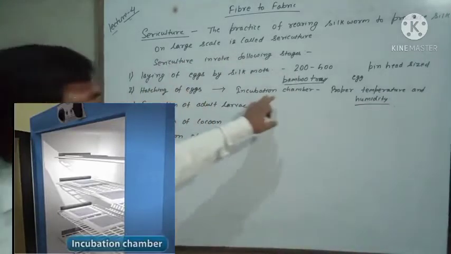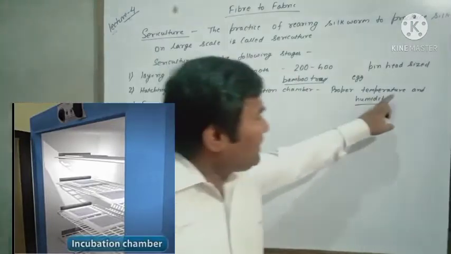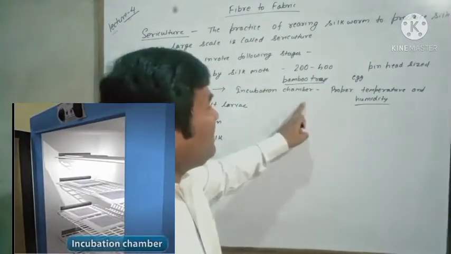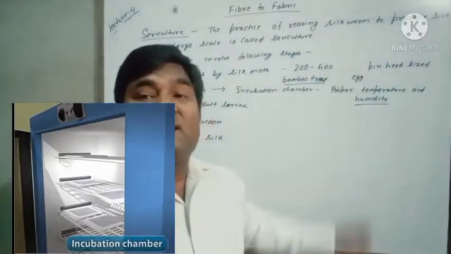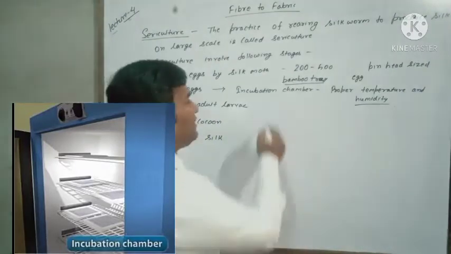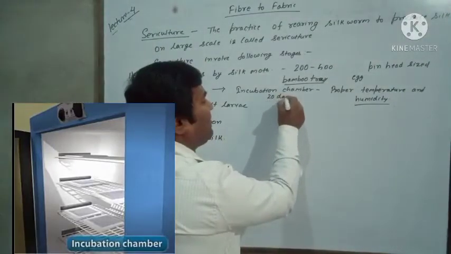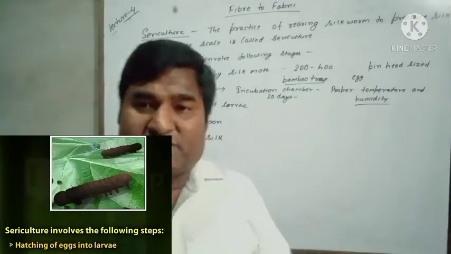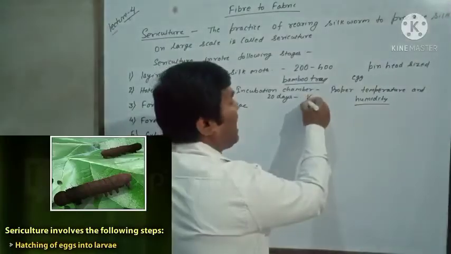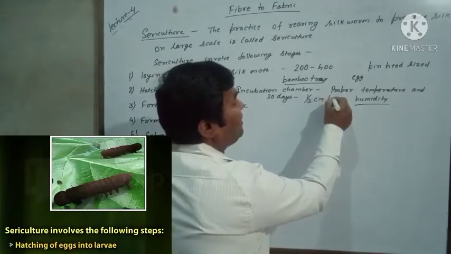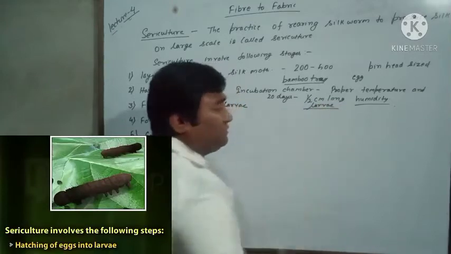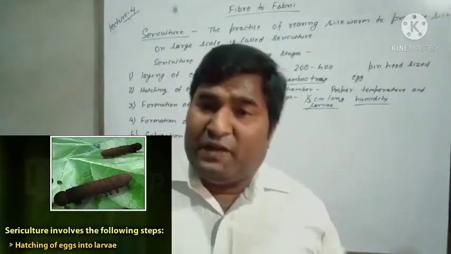So in the incubation chamber, proper temperature and humidity is maintained, where these eggs hatch after 20 days. After 20 days, these eggs will hatch to produce half centimeter long larvae, which we call caterpillar.